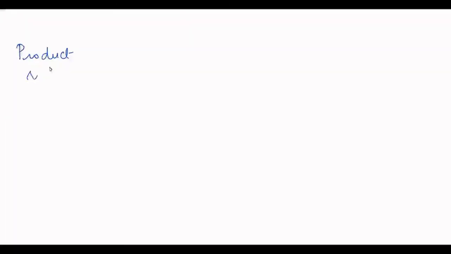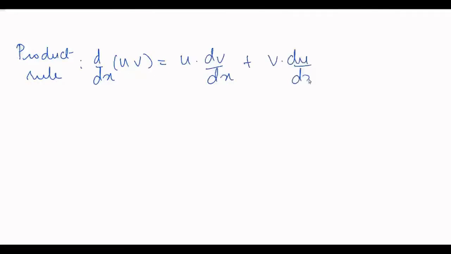So we have d/dx of u into v, which is u into dv/dx plus v into du/dx. So another way you can remember this is first function into differential of the second function plus second function into differential of the first function.